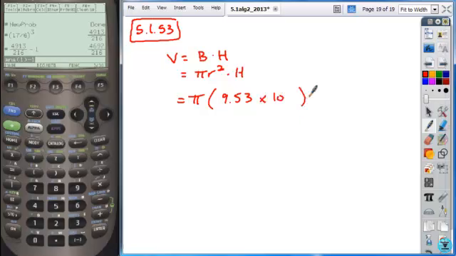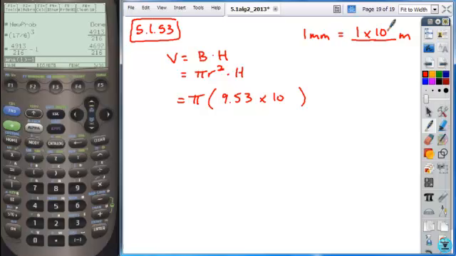And now, here's what I'm going to do, though. I'm going to convert from millimeters into meters. And so 1 millimeter is equal to how many meters? It's 1 times 10 to the what? How many millimeters in 1 meter? 1,000, right?